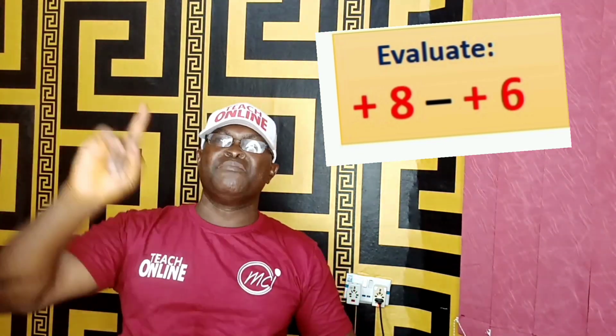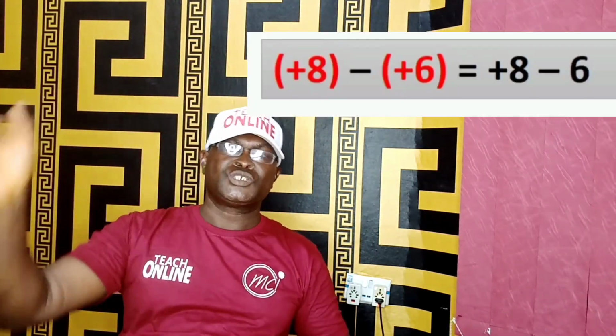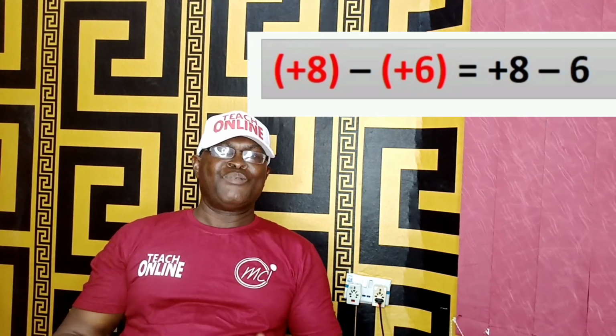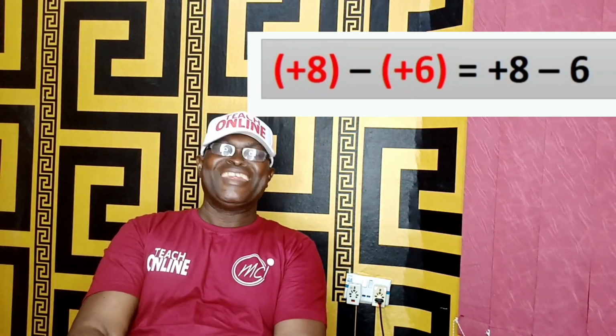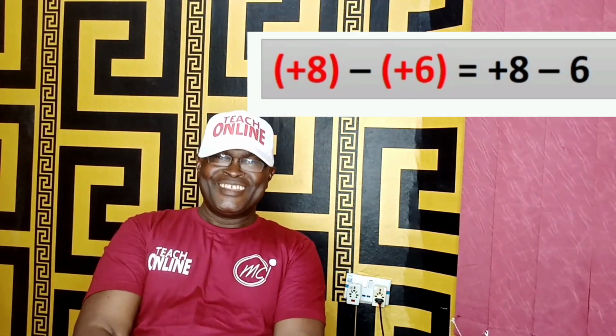As I said, by the law, change them to a minus, and you will now have plus 8 minus 6. Do you see that? Plus 8 minus 6, and your answer is plus 2. Do you understand?